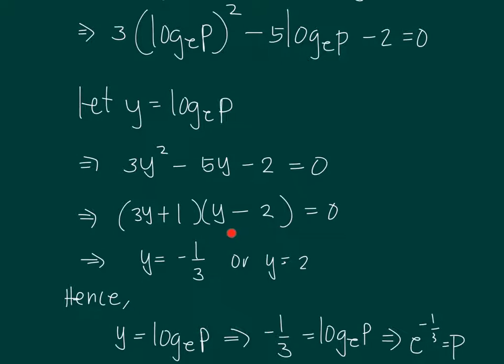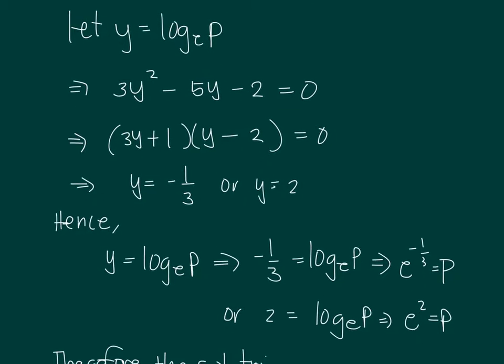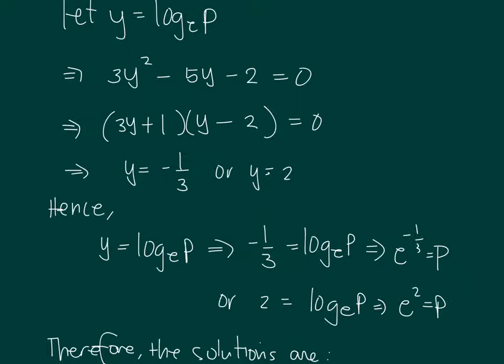Equating these factors to 0, you get the first y to be negative 1 over 3, and y equal to 2. Note y is not what we want. It's the value of log_e p. So observe how I changed y into log_e p. So you have log_e p equals negative 1/3 and log_e p equals 2.